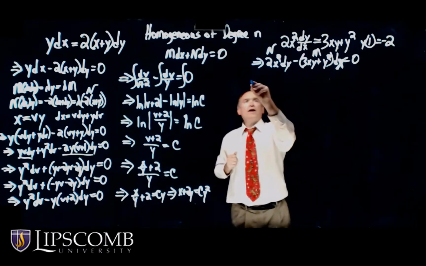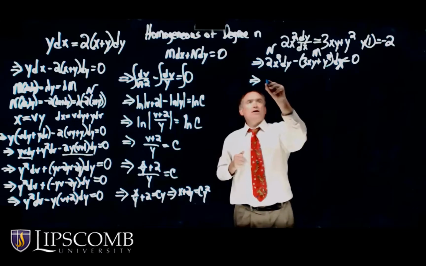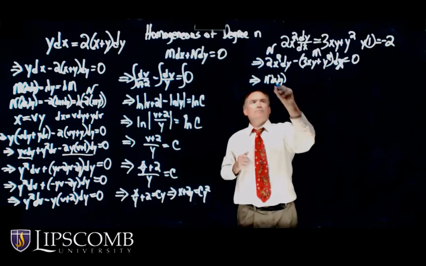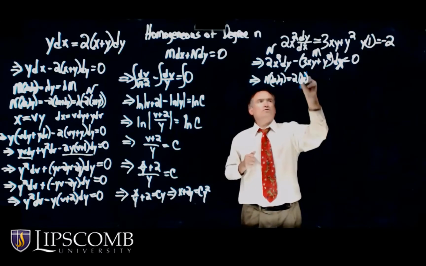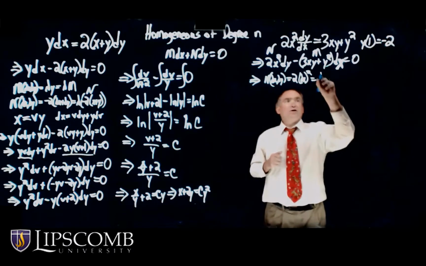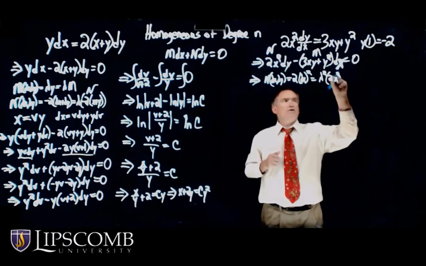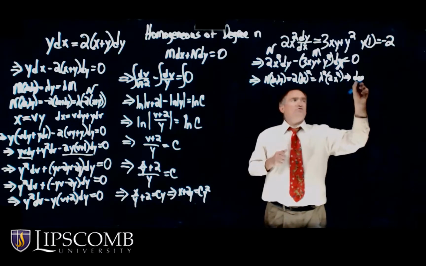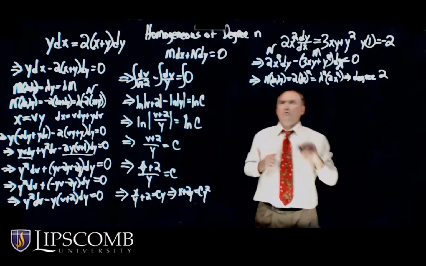So what I have here is that N of lambda x, lambda y equals 2 (lambda x) squared, which is lambda squared times 2x squared. So it's degree 2. It's homogeneous of degree 2.